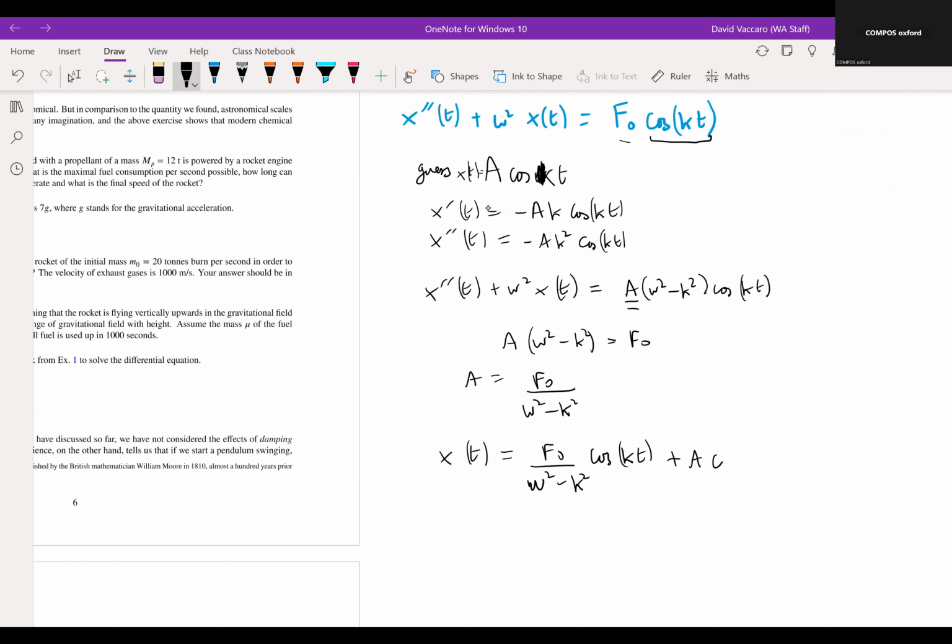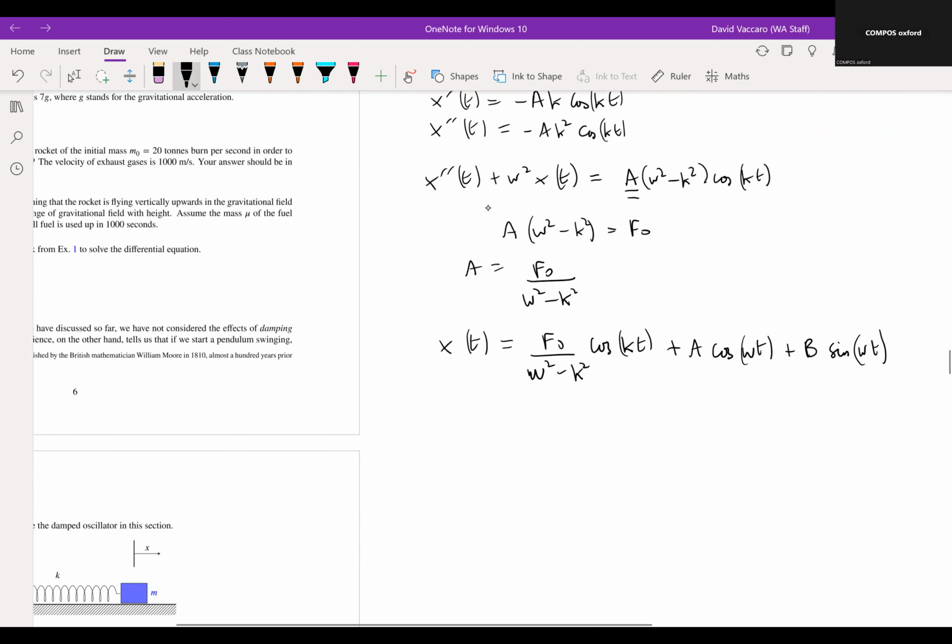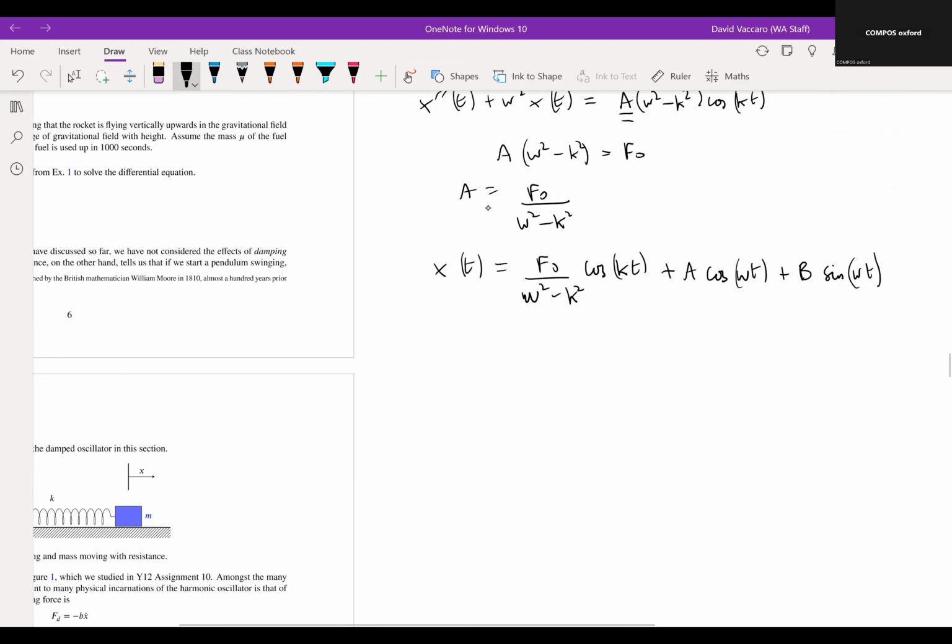So I can add a lots of cos omega t and b lots of sine omega t. And now I need to choose it so that it starts initially in equilibrium, at rest. So x0 is f naught over omega squared minus k squared plus a.